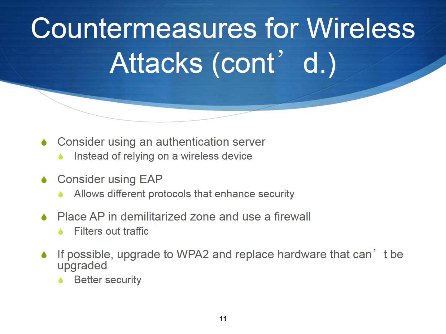Place all access points in the demilitarized zone, or the DMZ, and use a firewall to filter out traffic. If possible, upgrade to WPA2 and replace all hardware that can't be upgraded in order to protect for better security.